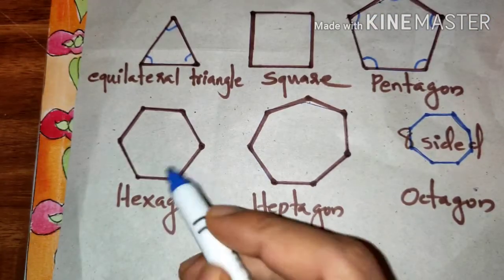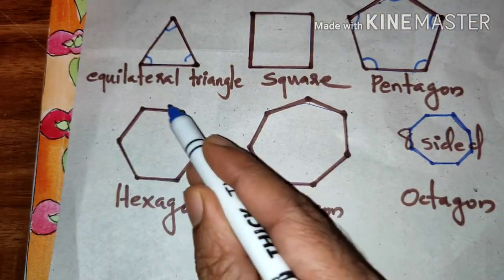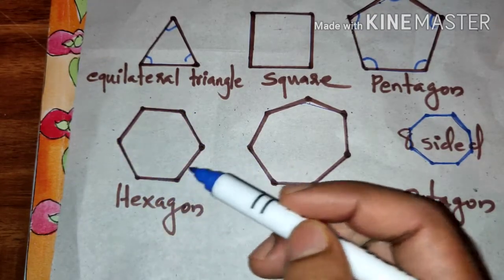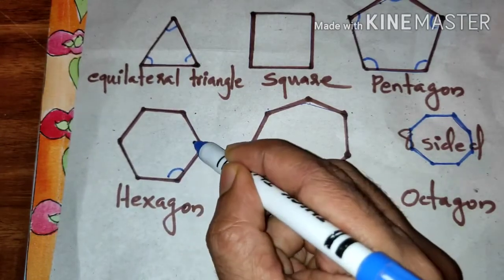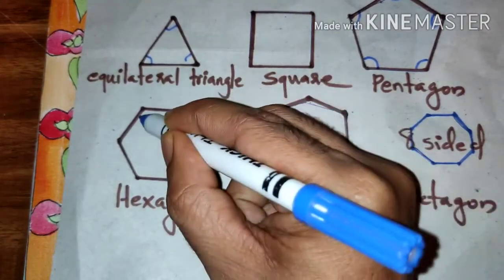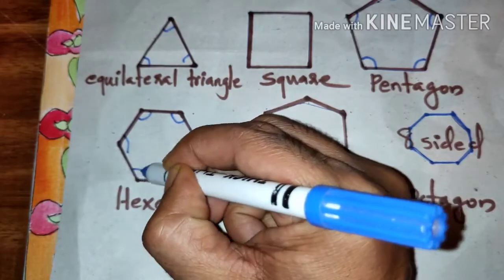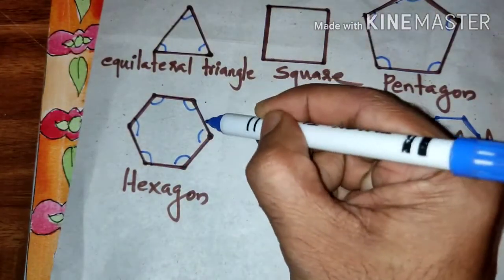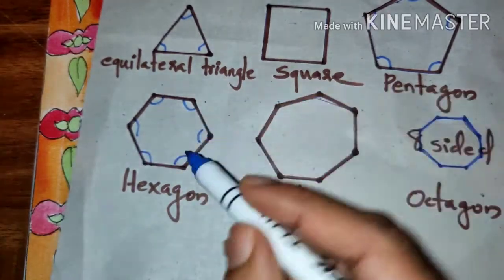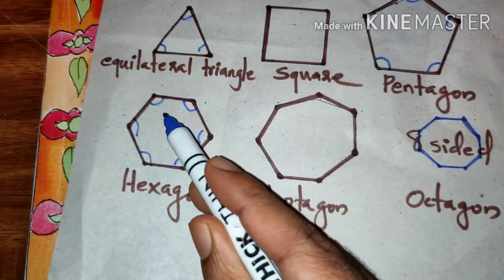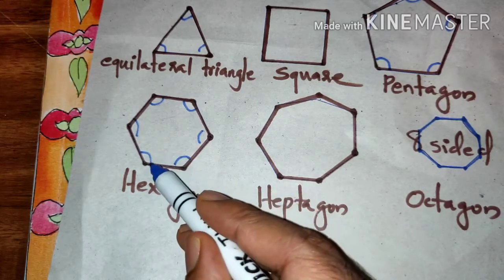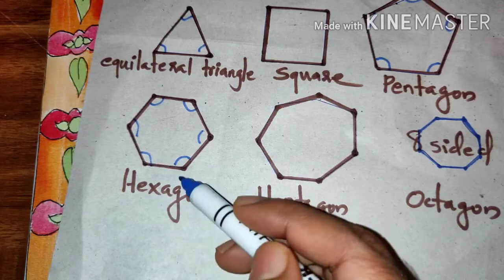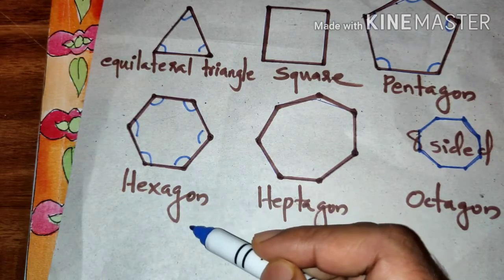If a polygon has six equal sides and six equal internal angles, you can see these are internal angles. These are sides of this polygon. If these sides are equal and these six internal angles are equal, then it's a regular hexagon.